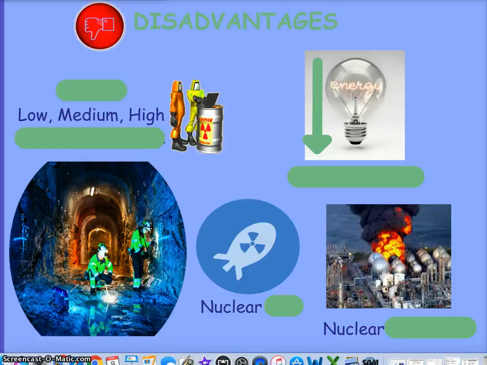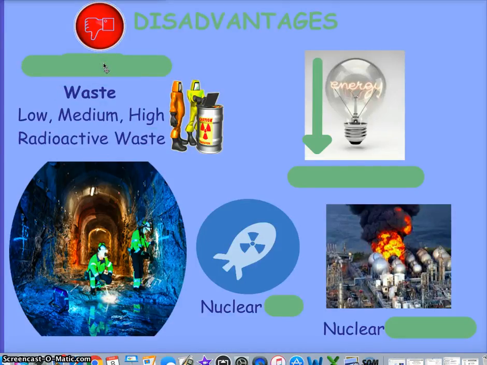And this is why I say I'm going to introduce disadvantages today, but I'm going to talk about them a little bit more in detail. So the things we have to do to this waste, starting from the waste that's produced during mining, which is called low level. They have a medium level, which is kind of during refining, and then you have the high level waste, which is after fission. And I'm going to go over that again on Monday, okay?